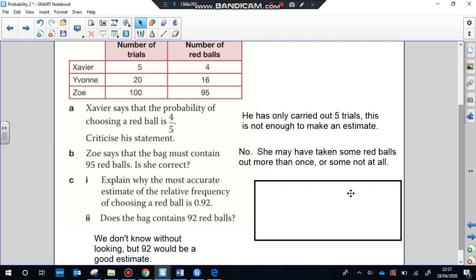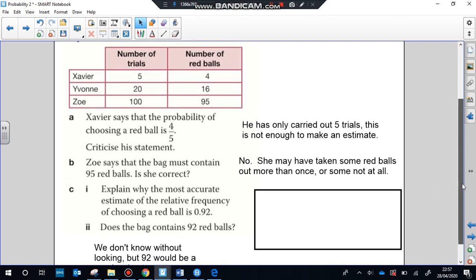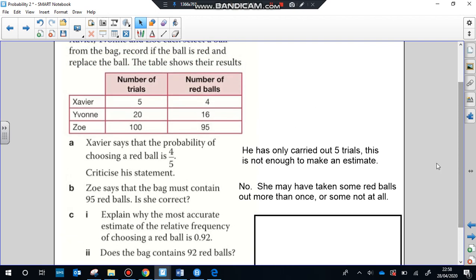Okay, part 1. Explain why the most accurate estimate of the relative frequency of choosing a red ball is 0.92. So let's have a look up here. Where does 0.92 come from? Because if Xavier's was used, that would give us an estimate of 4/5, which is 0.8.